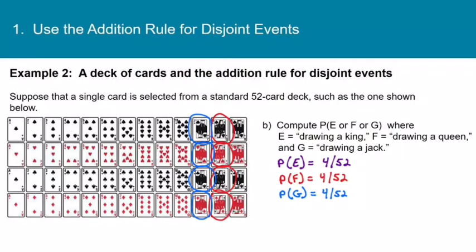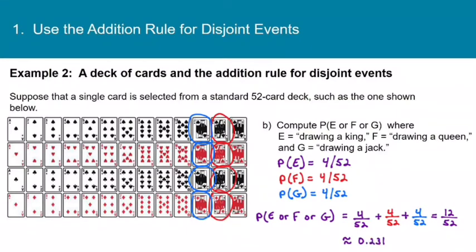And now we can say the probability of E or F or G is going to be the probability of E plus the probability of F plus the probability of G. We add all 3 of those together. 4 over 52 plus 4 over 52 plus 4 over 52 is 12 over 52. You really don't have to write that if you're showing your work here. And if you just put it into the calculator like this, the calculator will tell you that that is 0.231.